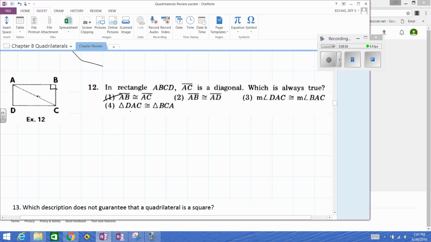AB the same as AD, you'd have to have that in a square. This just has to be a rectangle, so it doesn't always have to happen. Let's see, DAC and BAC. No, the diagonals don't have to bisect the angles. Again, that's a square or a rhombus. DAC congruent to BCA, yeah, that has to happen.